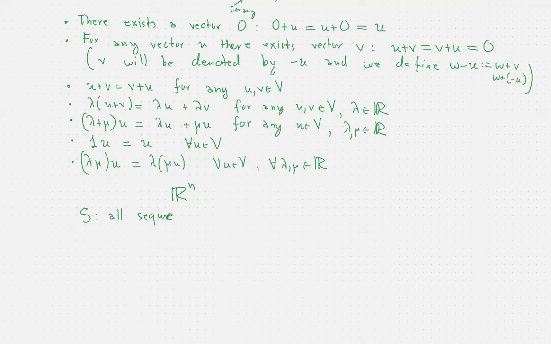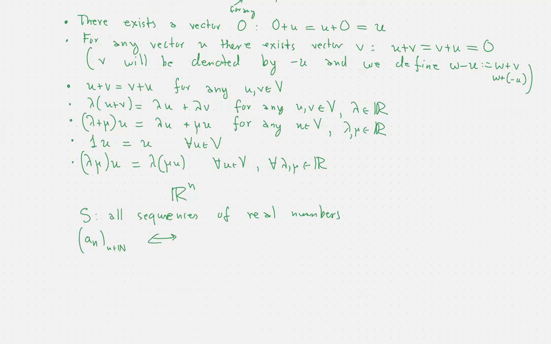Then this is a vector space. And if you have a sequence a_n, you can think of it as a vector similar to the ones that we encounter in Rn, but with infinitely many coordinates.